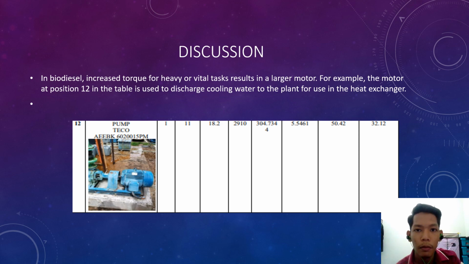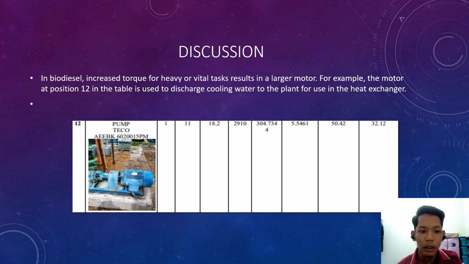This pump is located in front of the cooling tower. The function of this pump is to transfer water from the cooling tower to the heat exchanger, and the process keeps going.